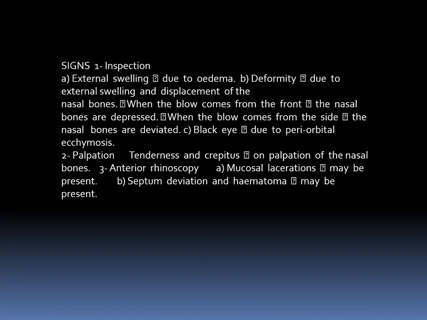By palpation, there is tenderness and crepitus. What's crepitus? It's a cracking sound on palpation of the bones. And by anterior rhinoscopy, you will see mucosal laceration, maybe, maybe not, and septal deviation and hematoma, maybe, maybe not.